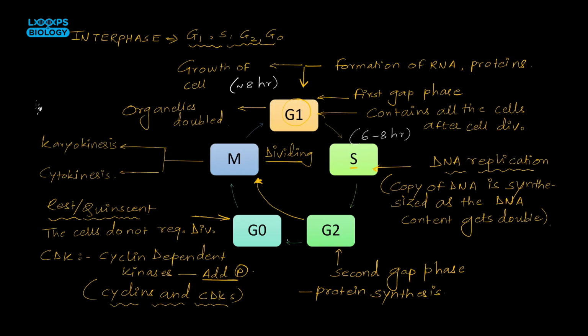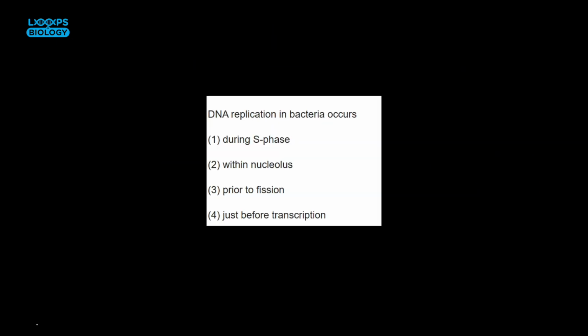Then there is the G2 phase which will take 2 to 5 hours. And finally the M phase is going to be completed in 1 to 3 hours. So the fastest phase to complete in a complete cell division process is your M phase. It will take very little time for the process to complete. Alright. There are some checkpoint questions which we will be covering in the question part.